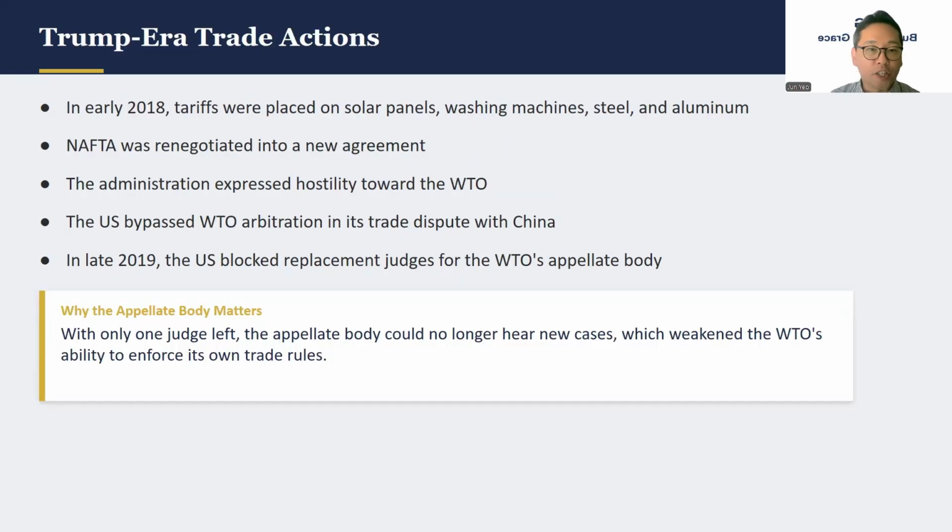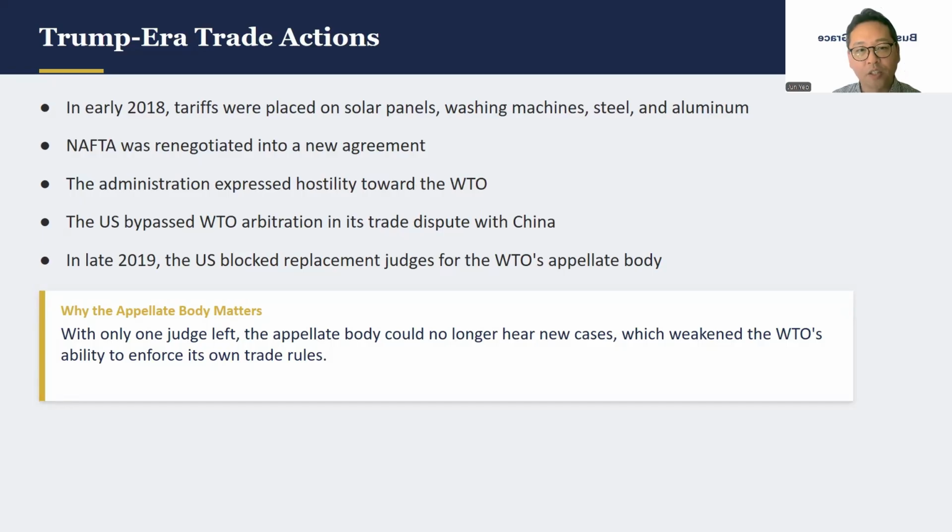Several other major actions followed in the Trump era. In early 2018, new tariffs were placed on solar panels, washing machines, steel, and aluminum entering the United States. The NAFTA, the long-standing agreement with Canada and Mexico, was renegotiated into a new deal.